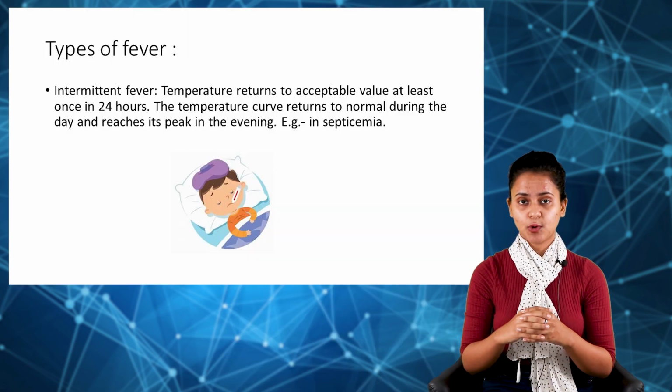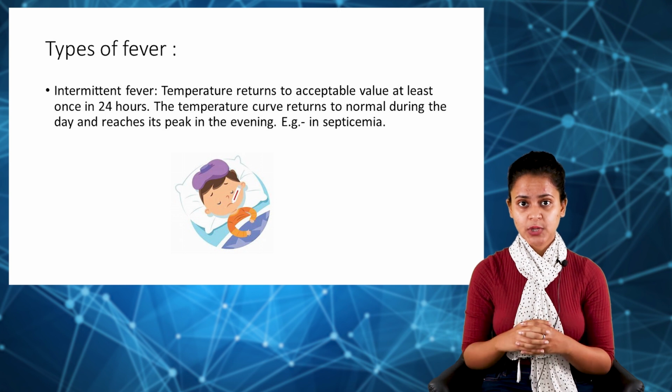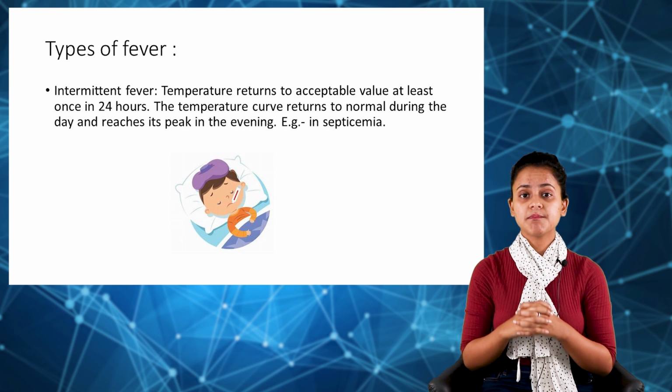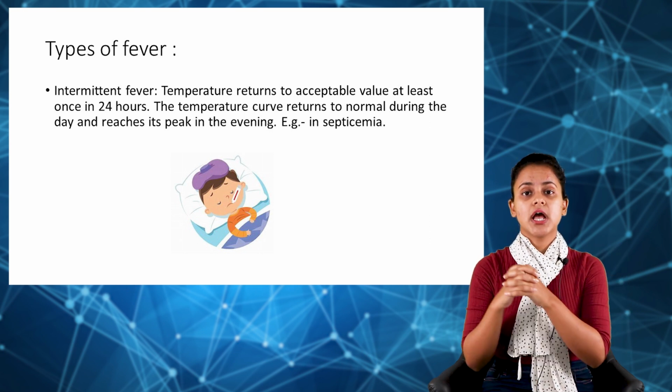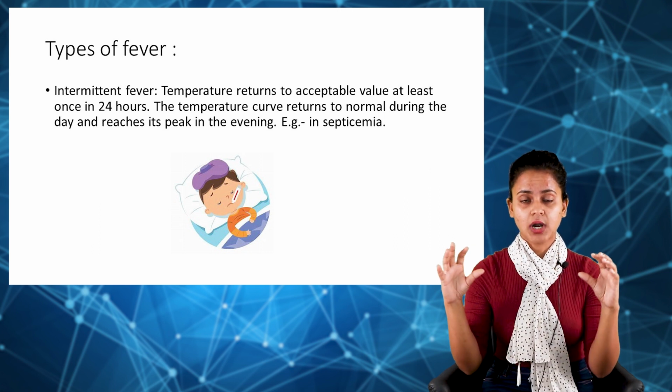So the first type of fever is called intermittent fever. What do we mean by intermittent fever? Here, the temperature will return to an acceptable value at least once in 24 hours.